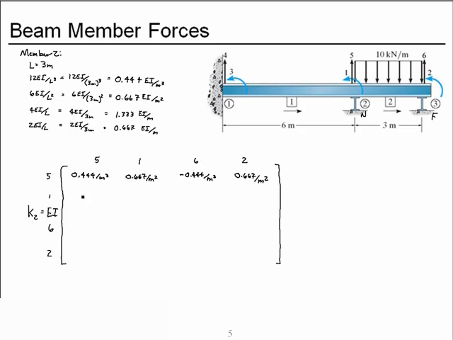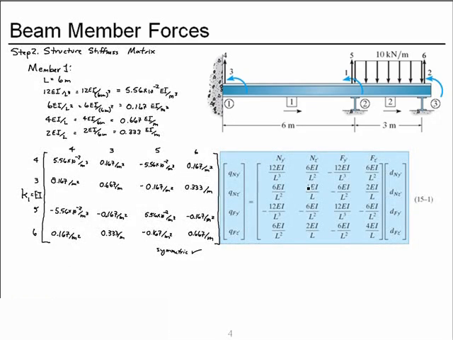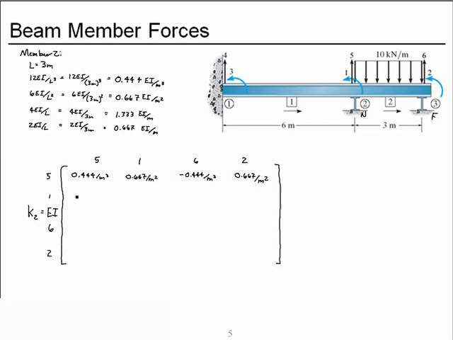Then our next row, 6EI over L squared, 4EI over L, a minus the 6EI over L squared, and then the 2EI over L. So it's a 0.667 over meters squared, the 4EI over L, then the minus 6EI over L squared, and then the 2EI over L.